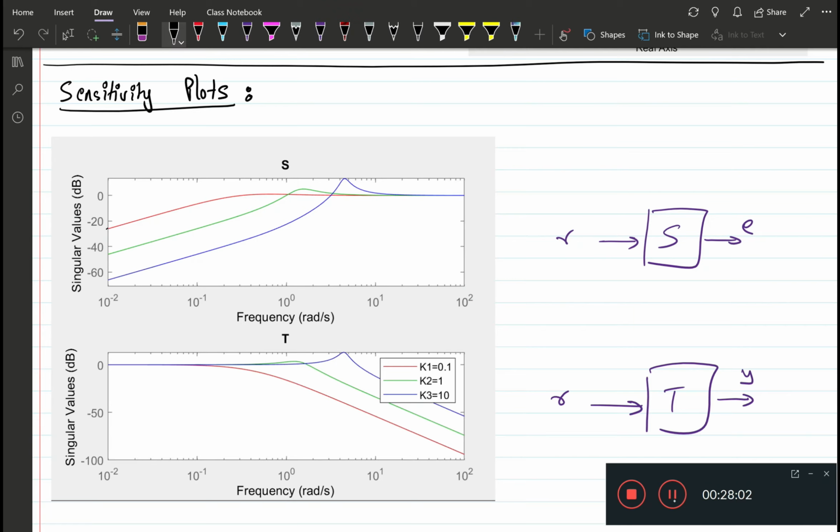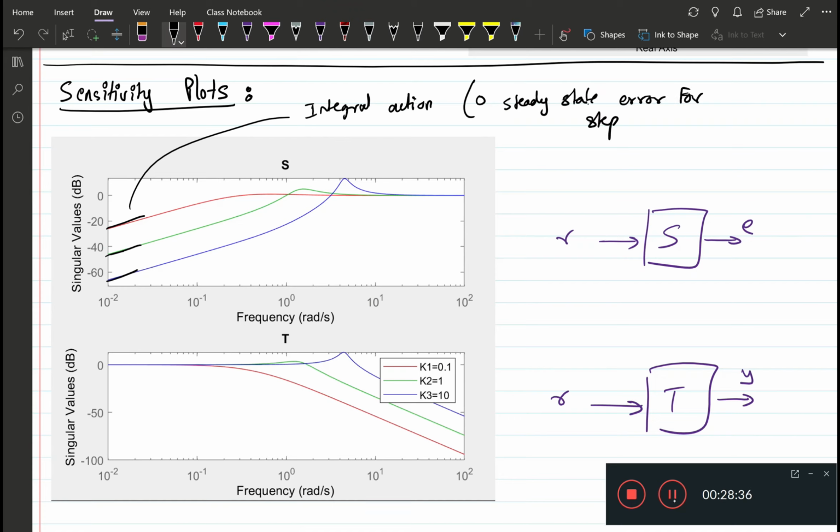First of all, we see that at low frequencies we have a slope of about 20 dB per decade, which means that if we have step references, we would have zero steady state error. That's basically saying that we have integral action and zero steady state error for step references.